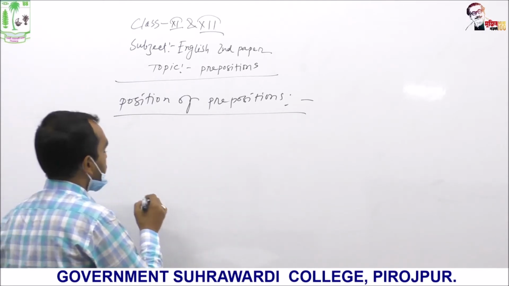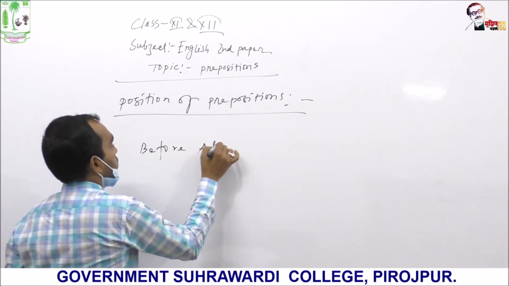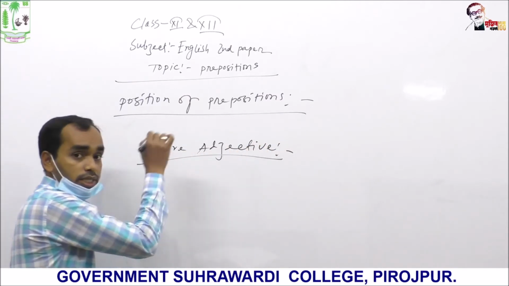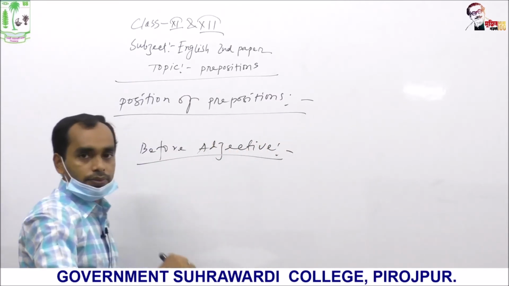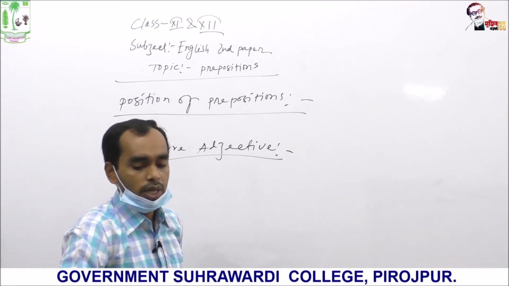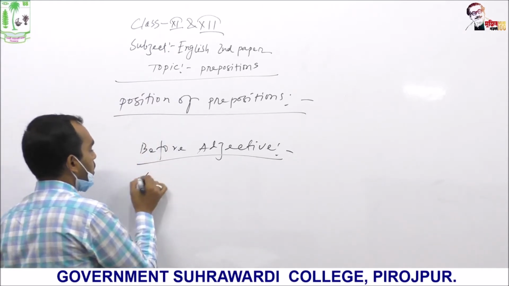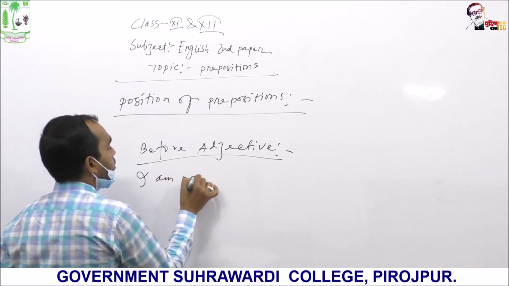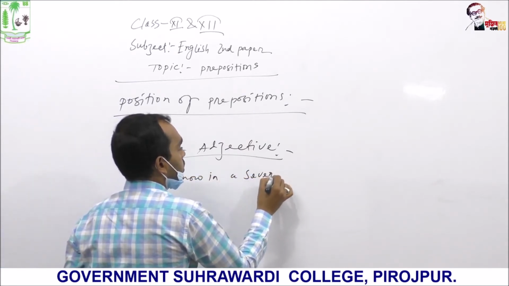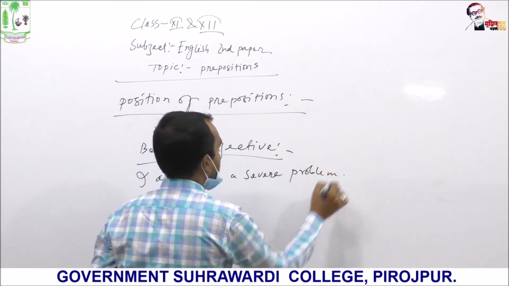before adjective. That means preposition is used before an adjective. Understand? Preposition is used before an adjective. I am going to write an example. I am now in a severe problem.